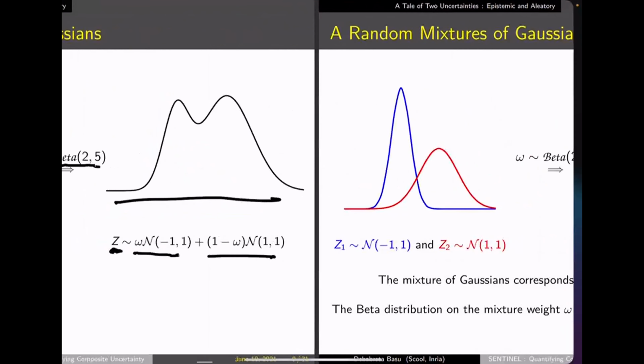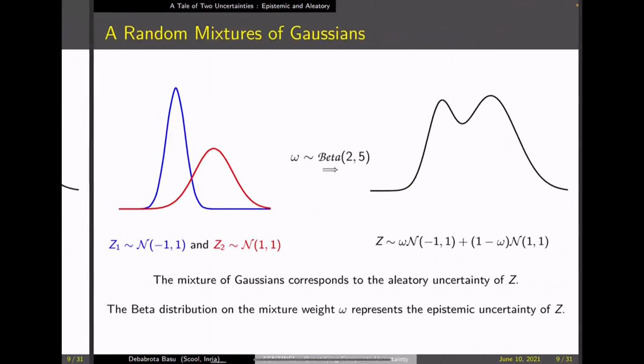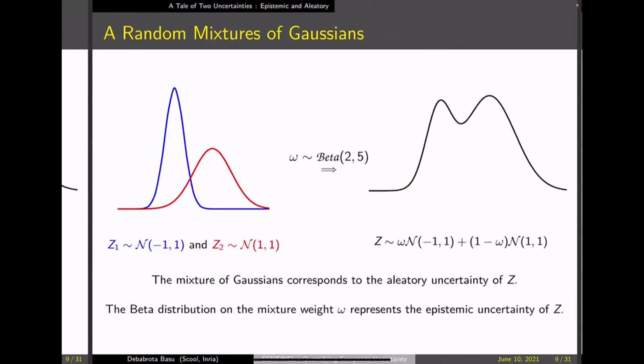If we look into it, this simple example shows us exactly what the problem is. The mixture of Gaussians corresponds to the aleatory uncertainty of Z. Since Z is a mixture of N(-1,1) and N(1,1), we cannot ever avoid this uncertainty, because it is coming from these two Gaussians.